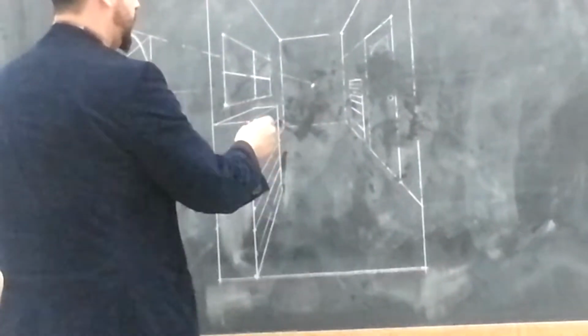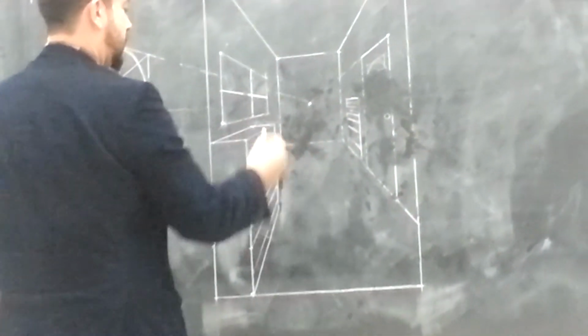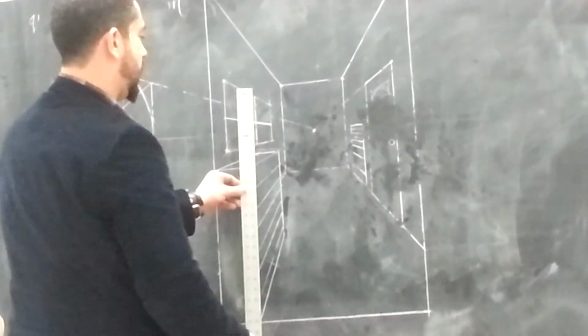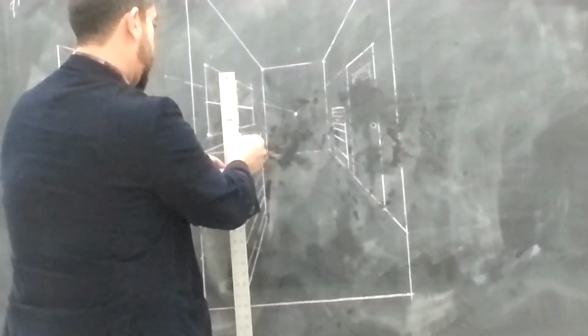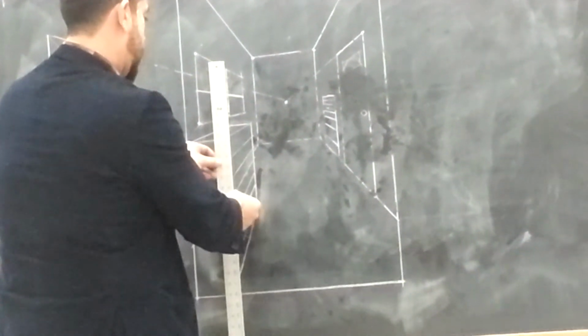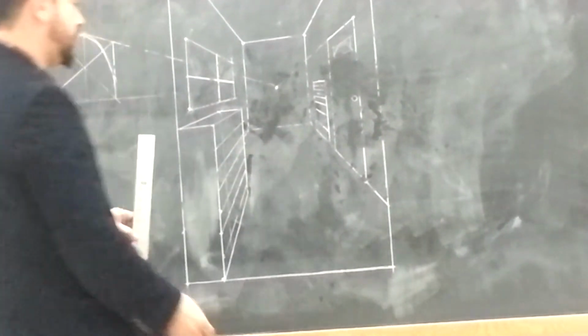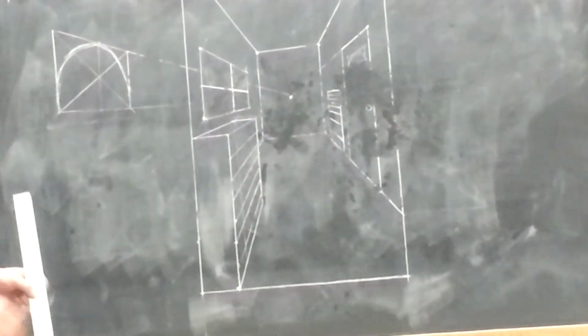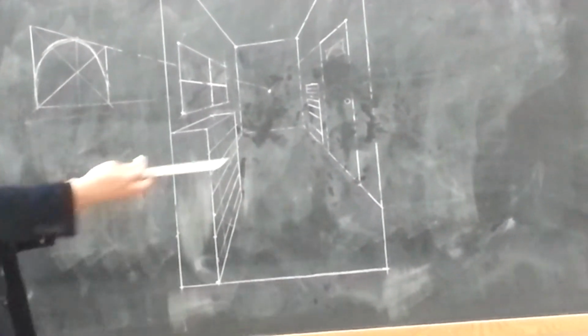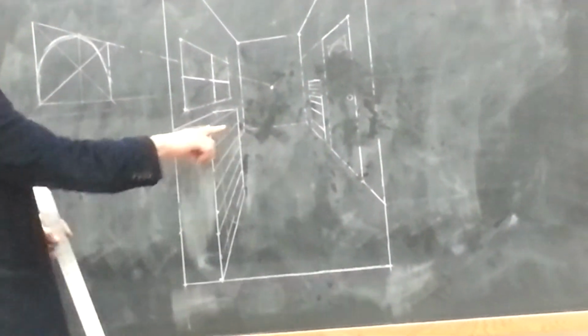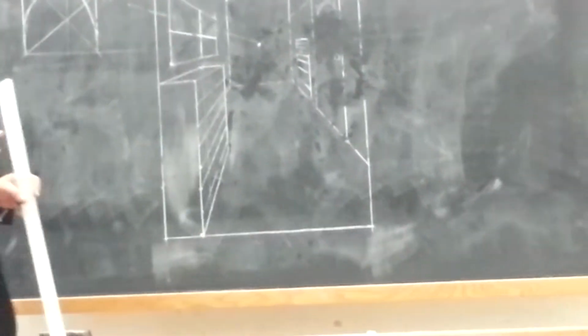Now, it would probably be a good idea to draw a straight line, real soft, from there all the way down to the bookshelf. Because there's going to be depth in that bookshelf, so you know where to stop when you come in and draw those lines.